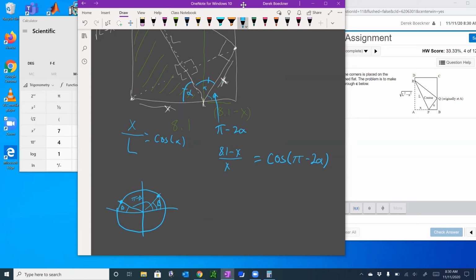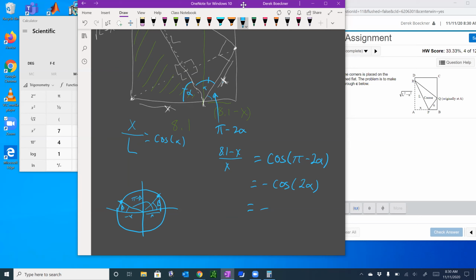The cosine is the x value. So the cosine of beta is positive this, right? Then the cosine of pi minus beta is minus this, right? Okay, so this is the negative of the cosine of 2 alpha.